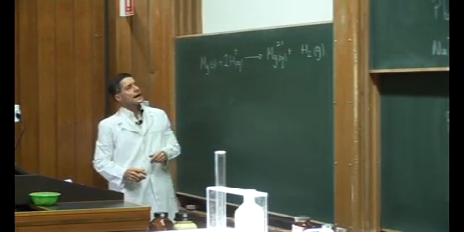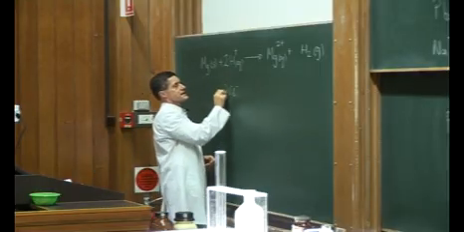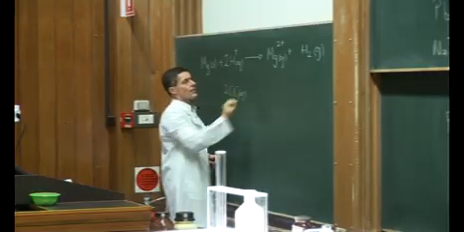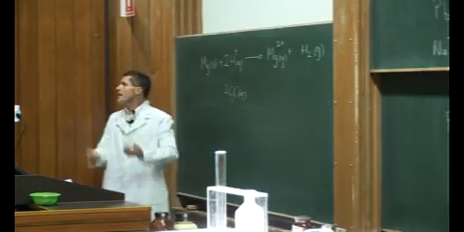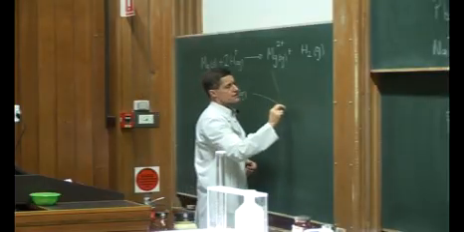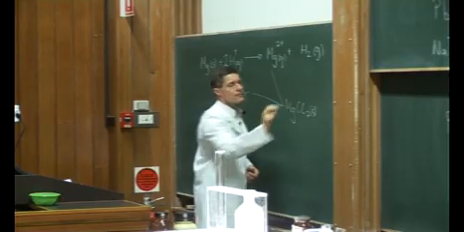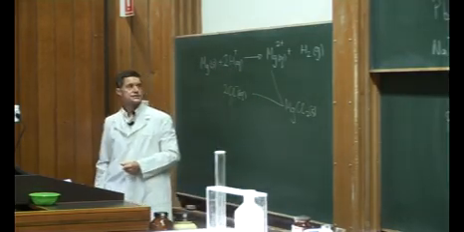Now, if I had used hydrochloric acid, then evaporated off the solution, I would have got magnesium chloride as the salt produced.